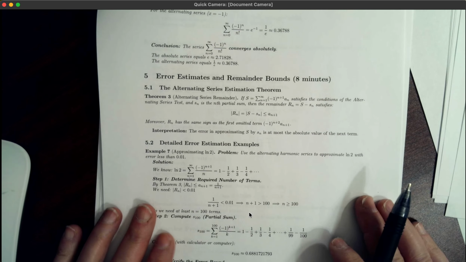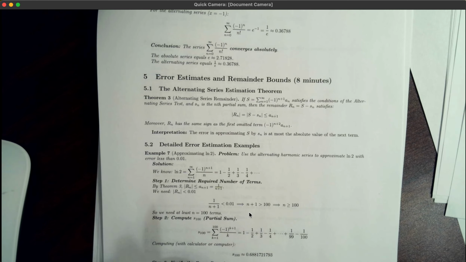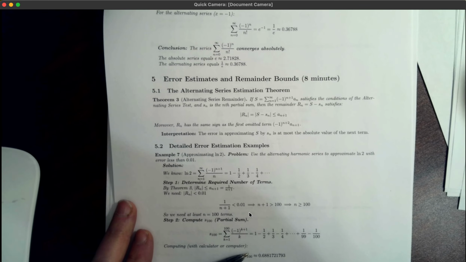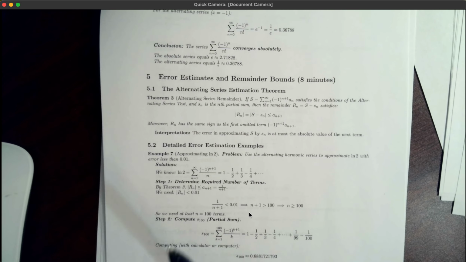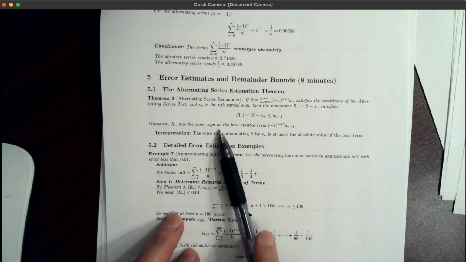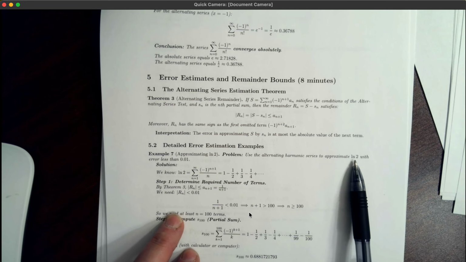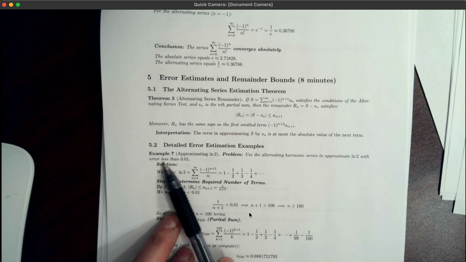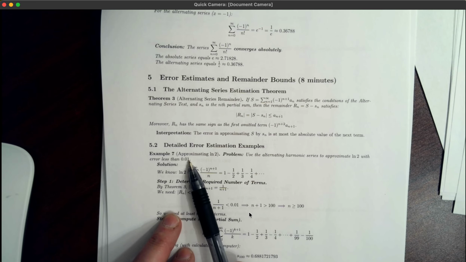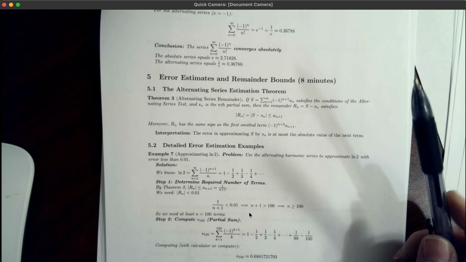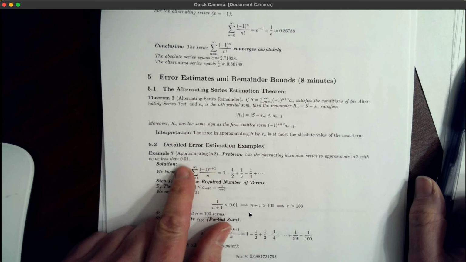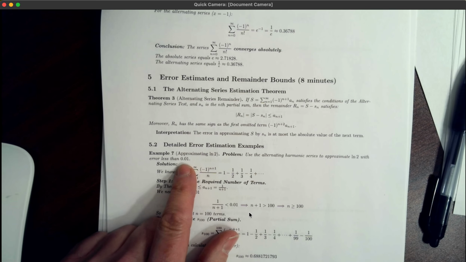All right, so let's look at one example here. Use the alternating series test to approximate the natural log of 2 with error less than 0.01. How many terms do we need to use to make sure that we're off by 2 decimals or less?